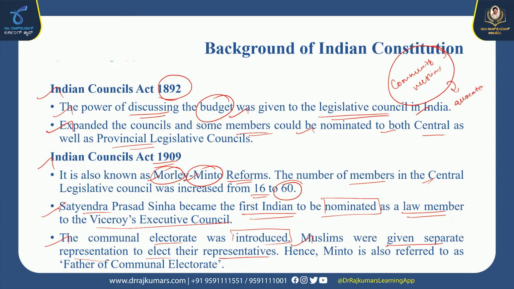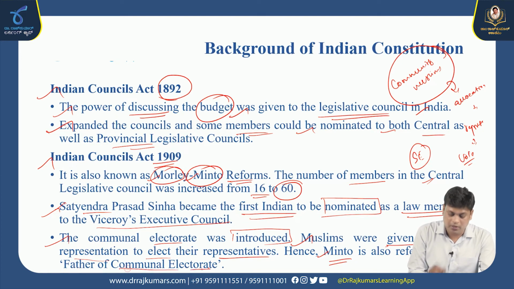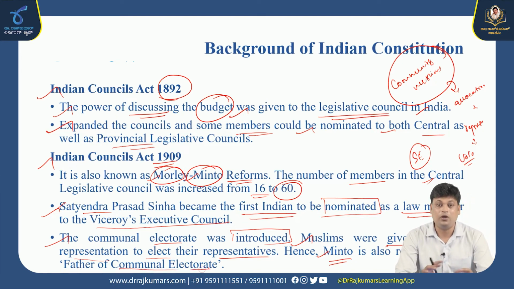So, Muslim people can choose their representative, and their vote also they can cast to the Muslim candidate only, which is known as separate electorate. So, Lord Minto is considered to be the father of communal electorate in India. Okay, this is known as communal electorate system that was introduced under the Indian Councils Act of 1909.